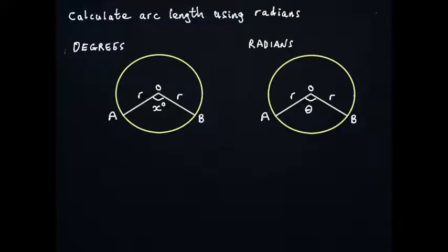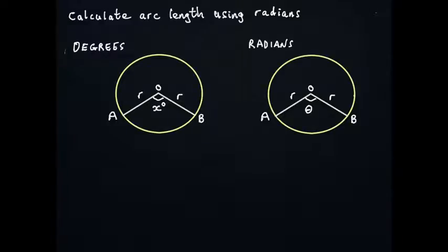Notice that the subtended angle and the arc length are directly proportional. If we increase the angle x to 2x, then the arc length increases from AB to 2AB. If the angle x degrees is increased to 360 degrees, then the arc length AB becomes the full circumference, which we know to be 2 pi r.